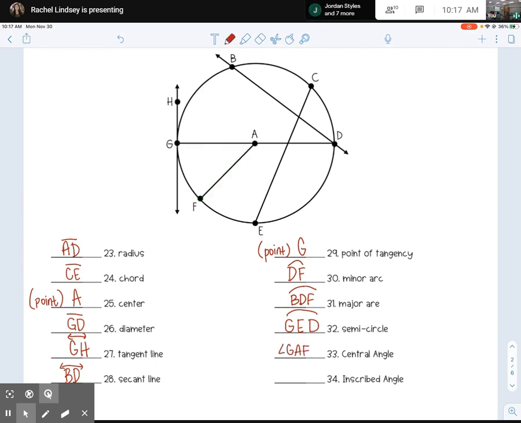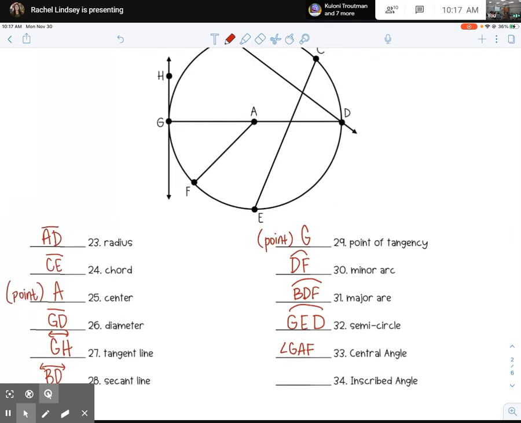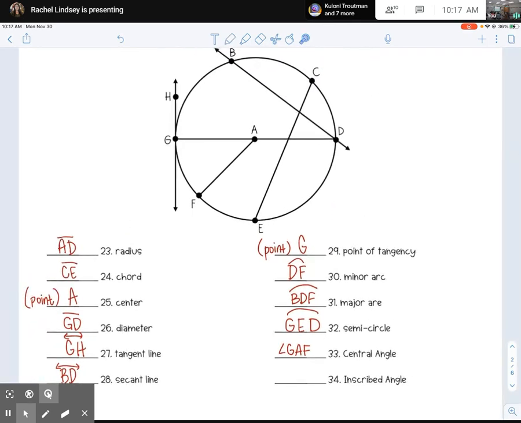Remember, the vertex has to be in the middle, so that's why A is in the middle. You could have said DAF. You could have done GAD. Because that's technically a central angle, but I would prefer one of these because those are the more prominent central angles.